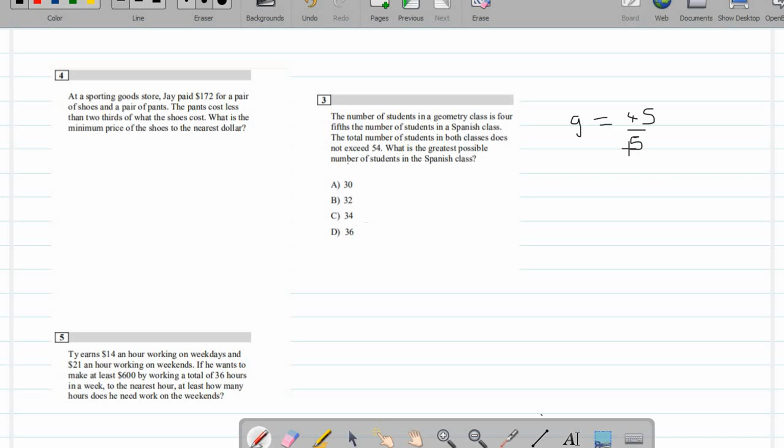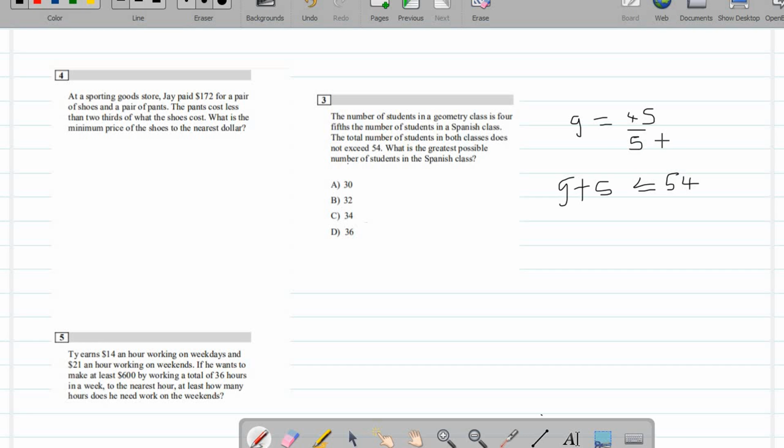The total number of students in both classes does not exceed 54. So if we have G plus S is less than or equal to 54. What is the greatest possible number of students in the Spanish class?